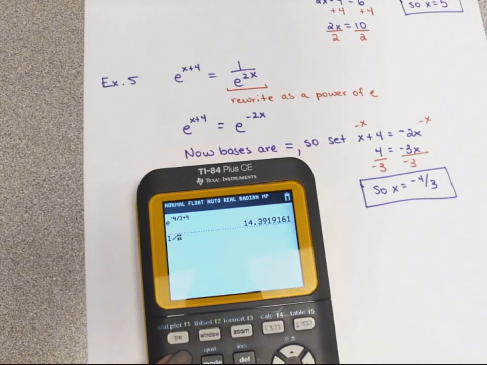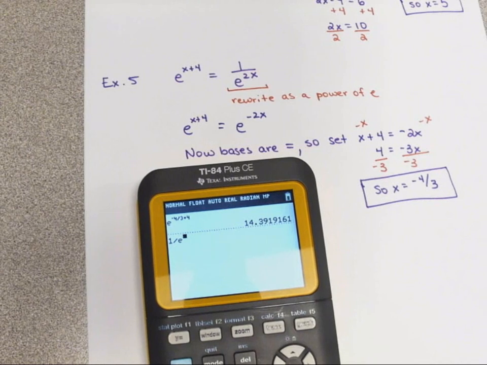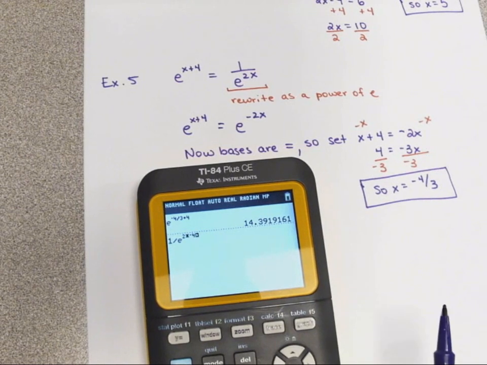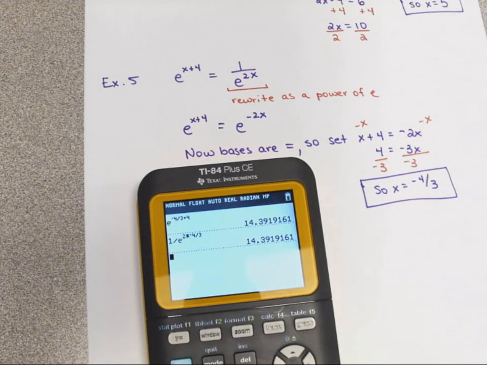So 1 divided by e to the 2 times negative 4/3 power. So notice in both cases, I just plugged in what I think x is for my x values on both sides. And notice I get the same 14 point blah, blah, blah number. So it doesn't matter what you get, you're just trying to verify that they're the same as each other. Okay, so that lets you know that you're good to go and that you've done it correctly.